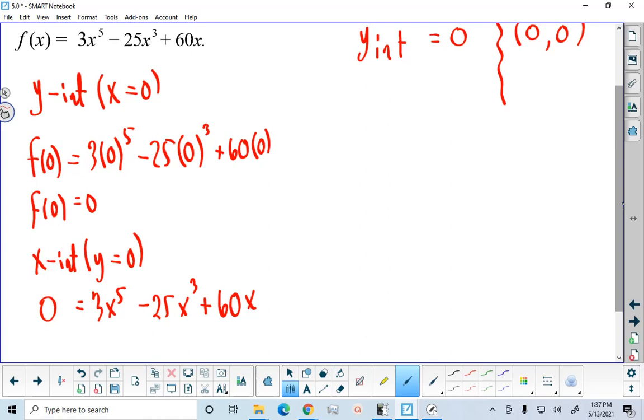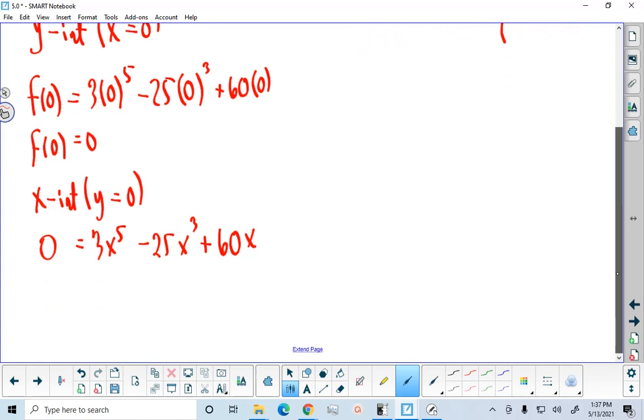And we solve this equation, because it's polynomial, by factoring. Just double check to make sure I've written the question down correctly. It looks fine. I can factor out an x and be left with 3x to the 4 minus 25x squared plus 60.